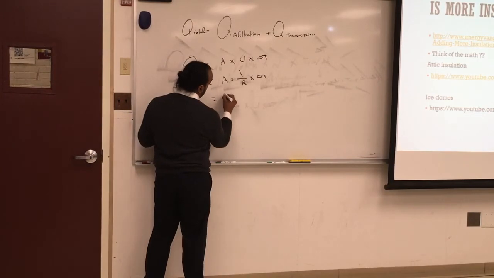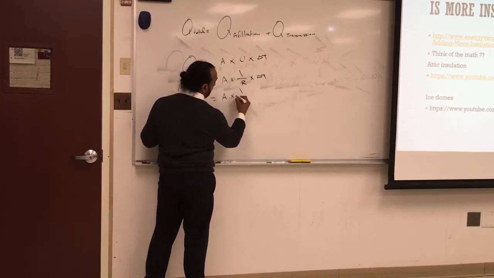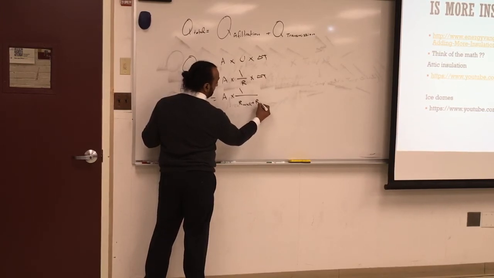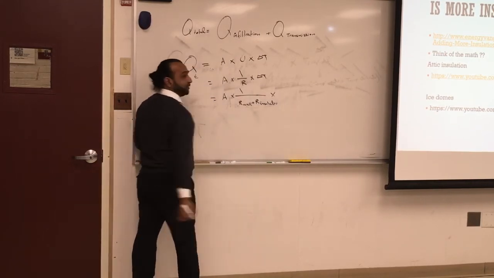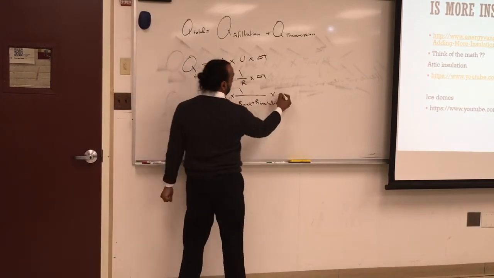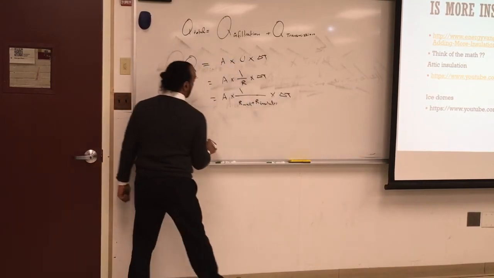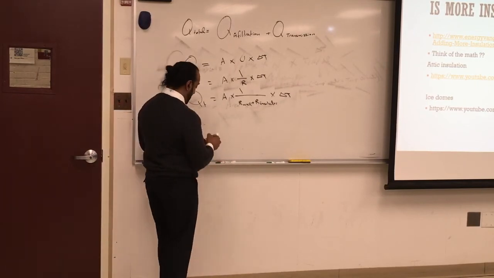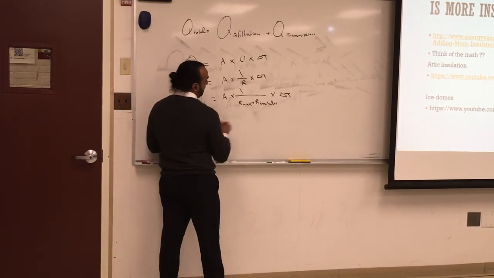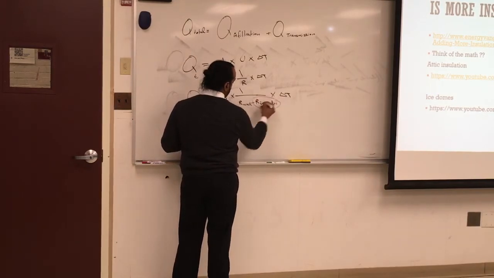So area times 1 over R wall plus R insulation, times delta T. You agree? Now I'm trying to solve for R insulation.